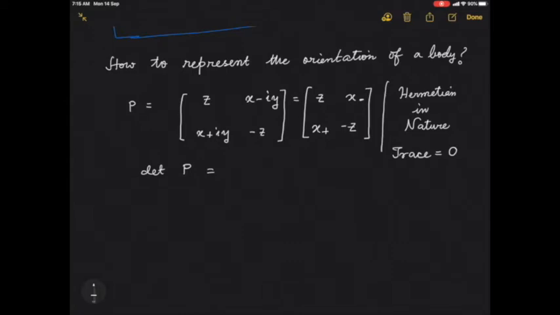Determinant of P is z times minus z, which is minus z squared, and if you work out the multiplication of the off-diagonal elements, this is essentially minus r squared. You see, it must so happen that the determinant of the matrix P has to be preserved. So this must be preserved.